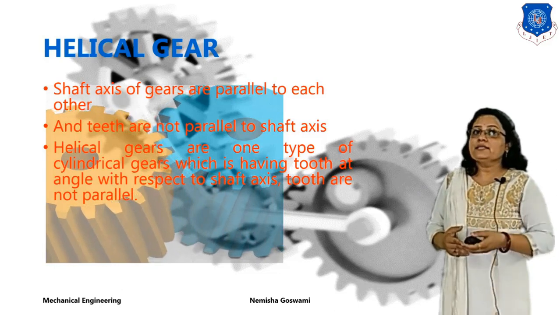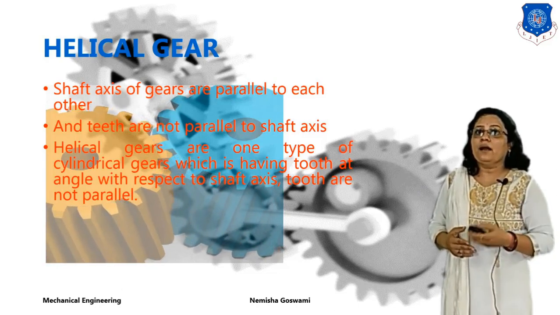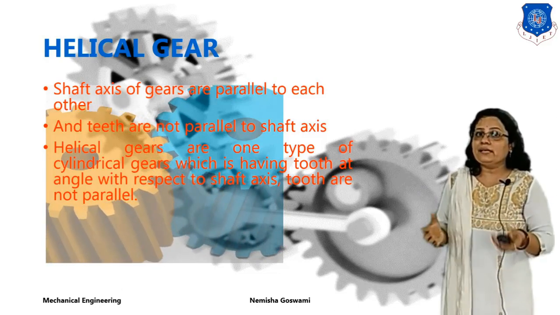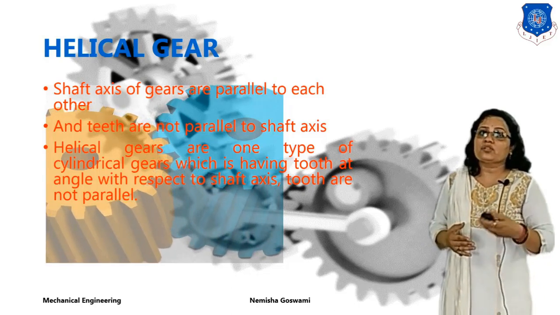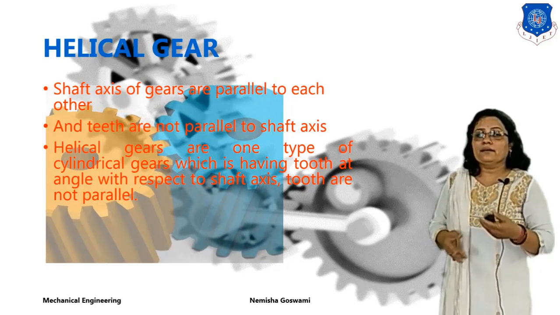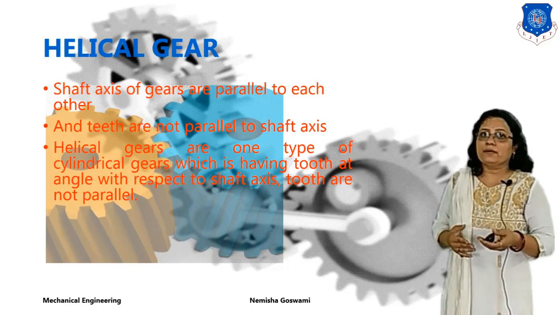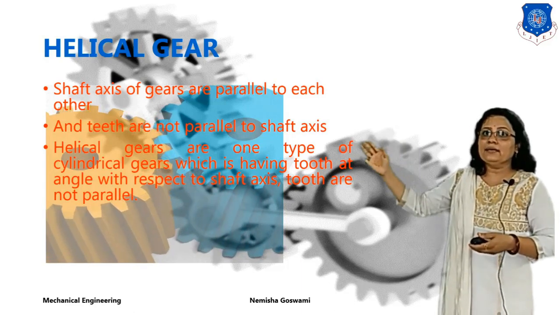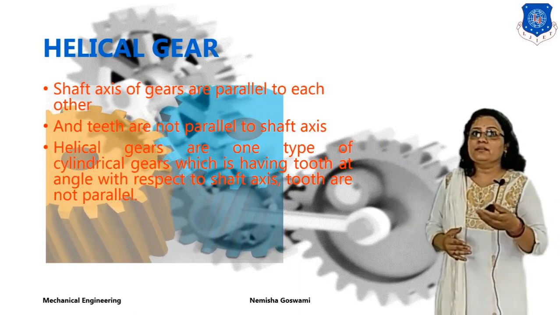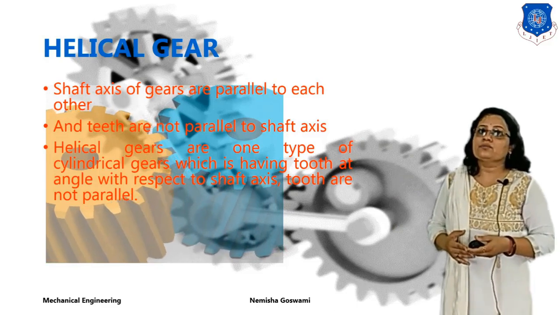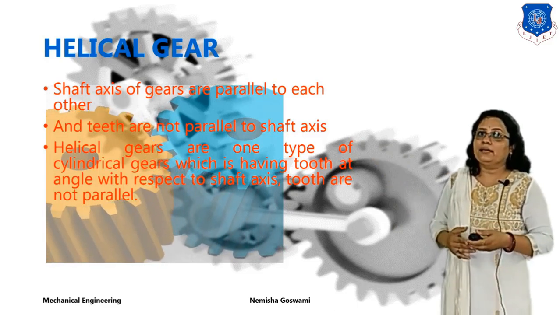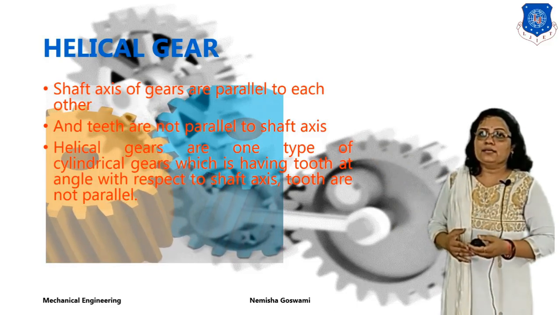That's why spur gears are used in household applications where noise can be tolerated, such as washing machines and electric screwdrivers. But helical gears are used in prime movers and gas turbines. These are the applications of the helical gear and the spur gear.